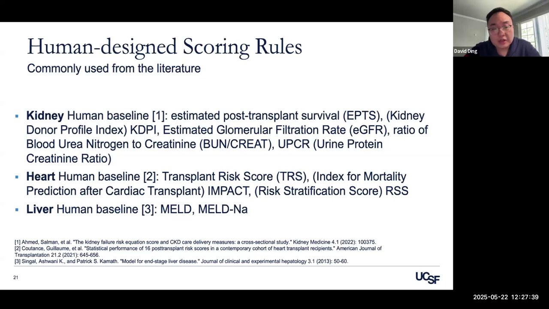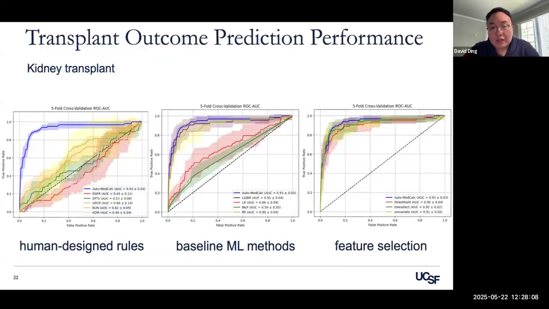The second type is the heart transplant human baselines, for example, the transplant risk score, TRS, an index for mortality prediction after cardiac transplant, the IMPACT score, and the risk stratification score, RSS. And for the liver transplant, we have two commonly used human baselines, the MELD and the MELD-Na, the MELD sodium score.